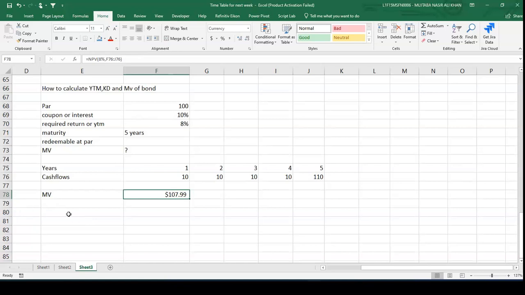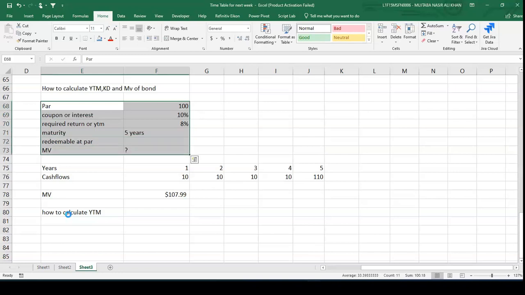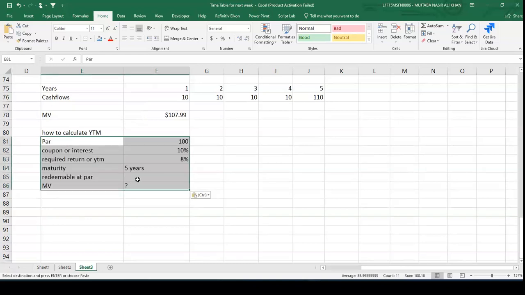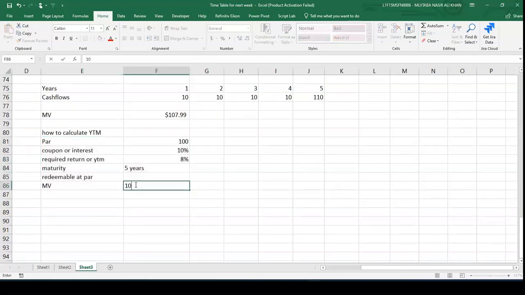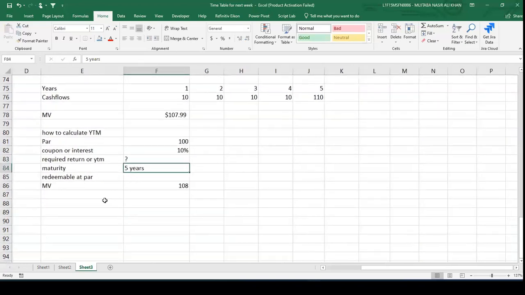Okay, how to calculate the YTM? Let me copy the question. For example, market value is given as 108 and you need to calculate the YTM.